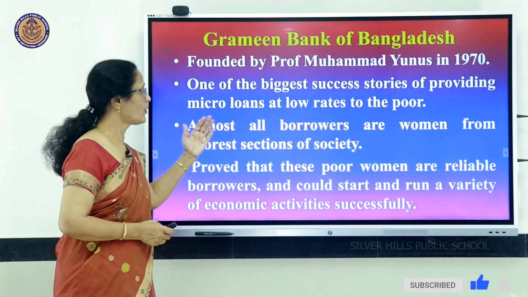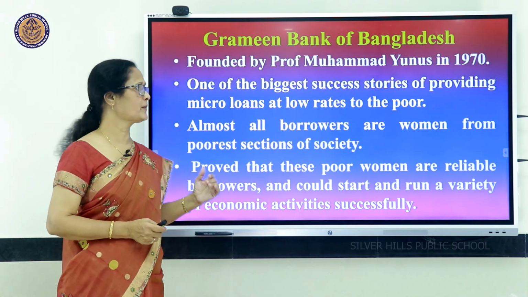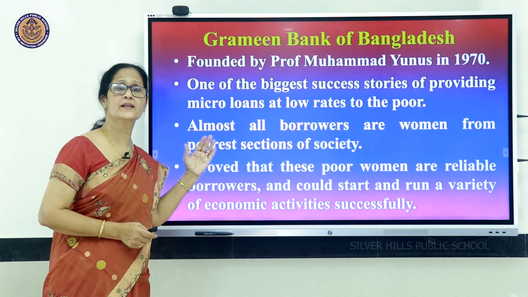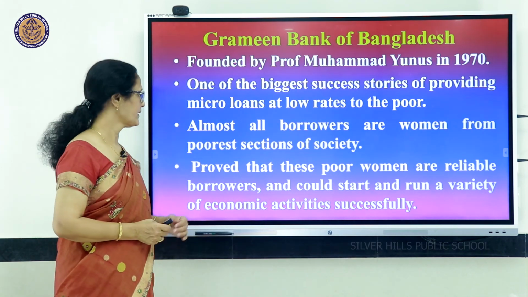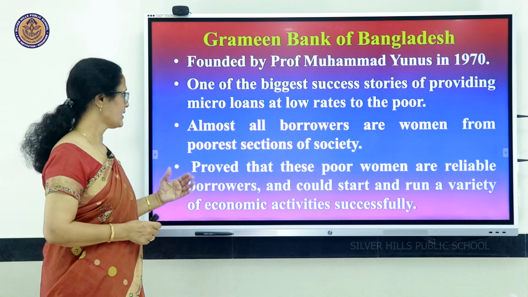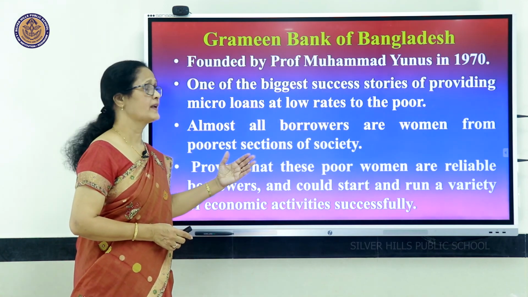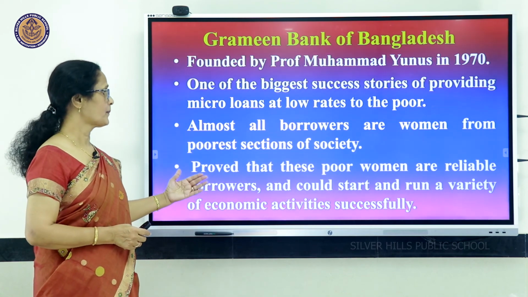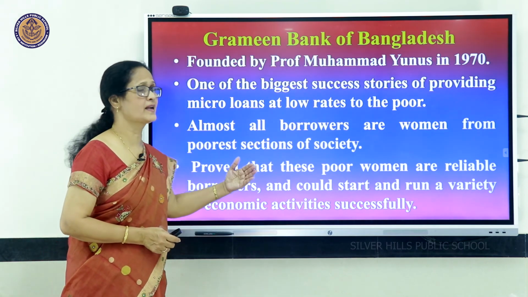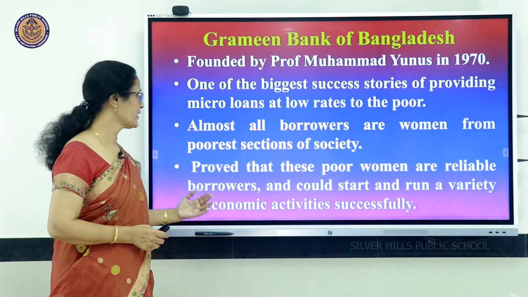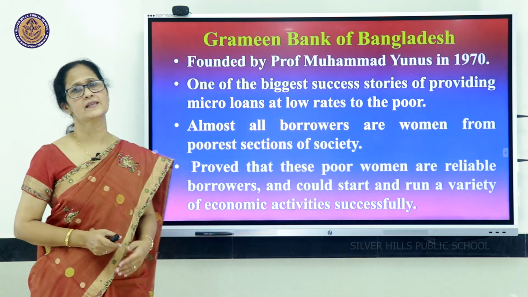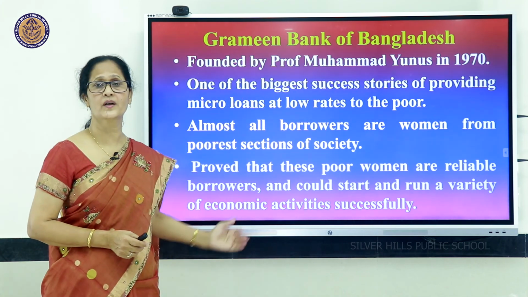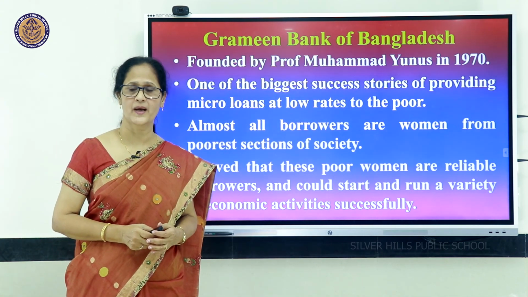Almost all the borrowers of Grameen Bank of Bangladesh were women from the poorest sections of society. And these poor women proved that they are not only reliable borrowers, but can also start and run a variety of economic activities successfully. So, this is the importance of Grameen Bank of Bangladesh.